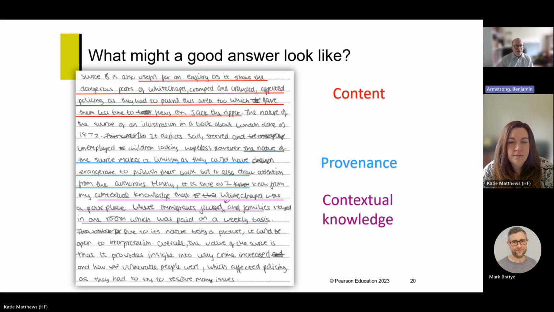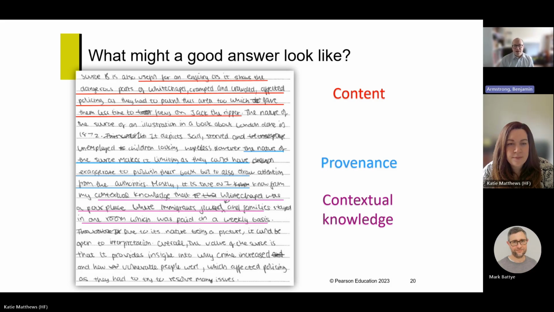It says source B is also useful for an inquiry as it shows the dangerous parts of Whitechapel, cramped and crowded, affected policing as they had to patrol this area too, which gave them less time to focus on Jack the Ripper. Don't worry too much about the content if you haven't studied crime.